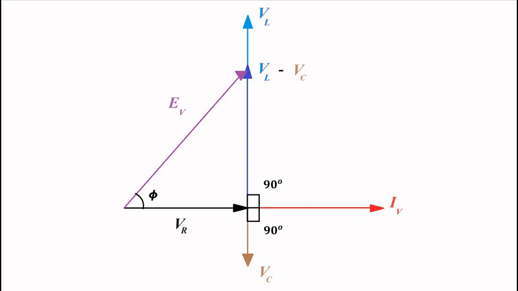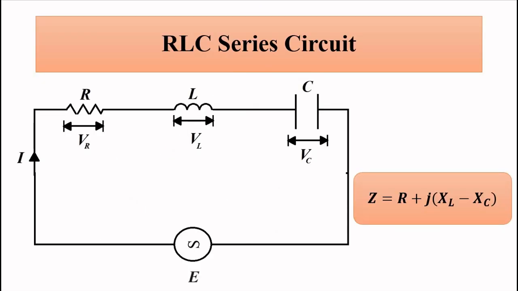The voltage drop across the resistor is in phase with the current.